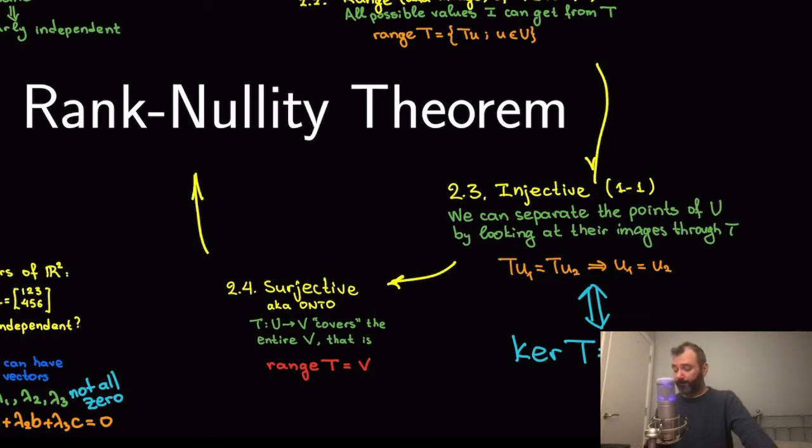Which means, and that's important, it is impossible to have T of U1 equal to T of U2, whereas U1 is different from U2.